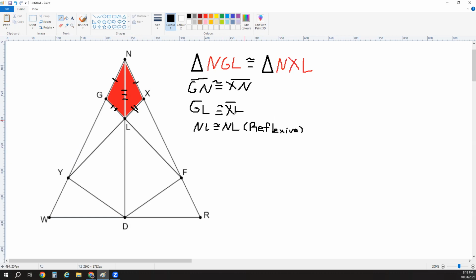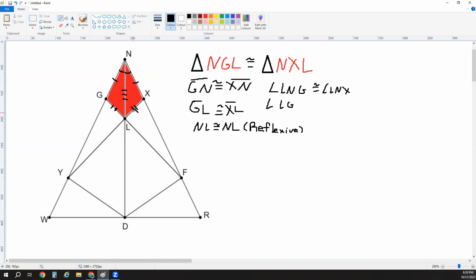And then you have the different angles, right? So you have angle LNG is congruent to, you guessed it, angle LNX, paying attention to the starting point, the vertex, and the ending point. Then you have angle LGN. This is my first angle.